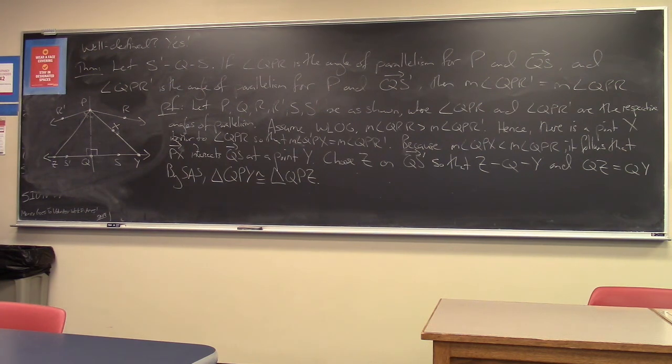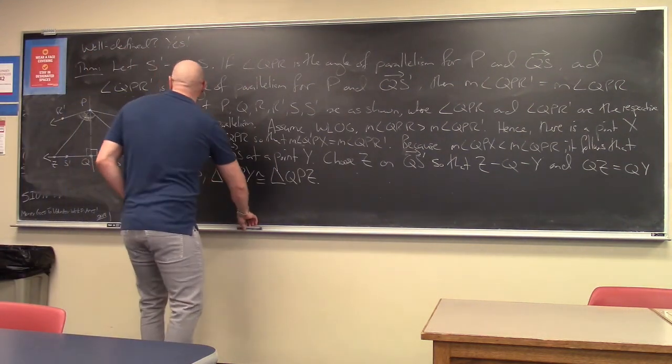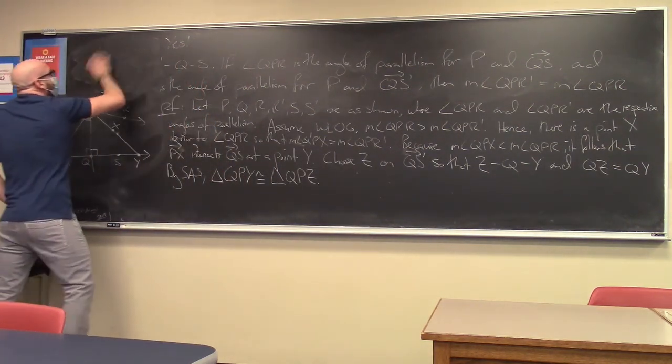Where's the contradiction? Well, that means this angle is congruent to this angle, right? But we already chose this angle to be congruent to this whole angle. So these two rays, PR prime and PZ, are in fact the same ray, because this angle has to be congruent to this thing. So those are the same rays, but this ray intersects this line, which contradicts that this was the angle of parallelism to start with. So, yeah, we have to write this down, but there's the catch.